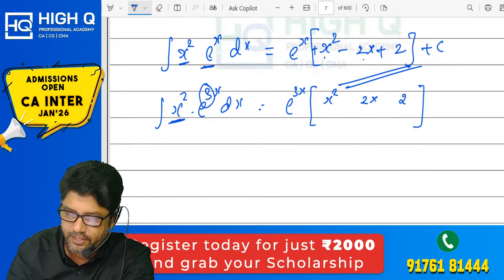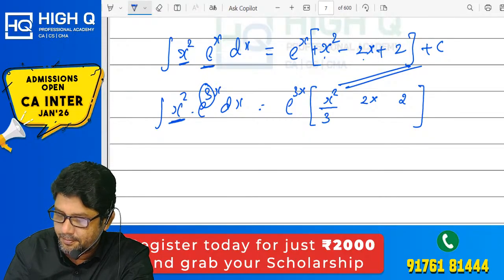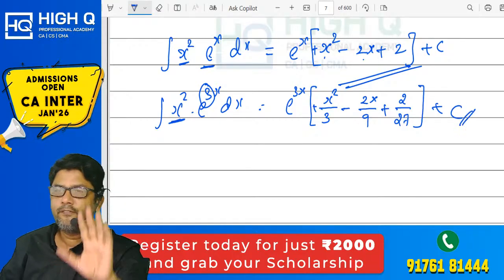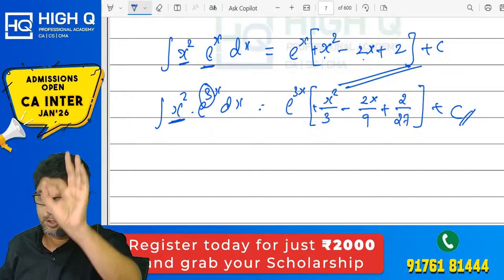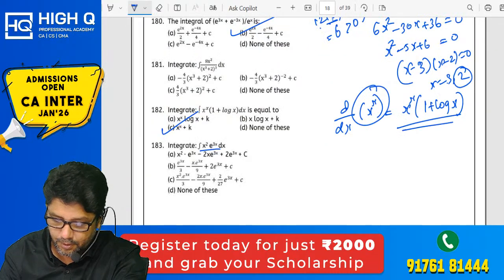Now, what is the coefficient of x? 3. Write 3, next 3 square, next 3 cube, plus, minus, plus. Answer over. Very simple, my dear. e power 3x into x square by 3 minus 2x by 9 plus 2 by 27. So here what will come? Option B.